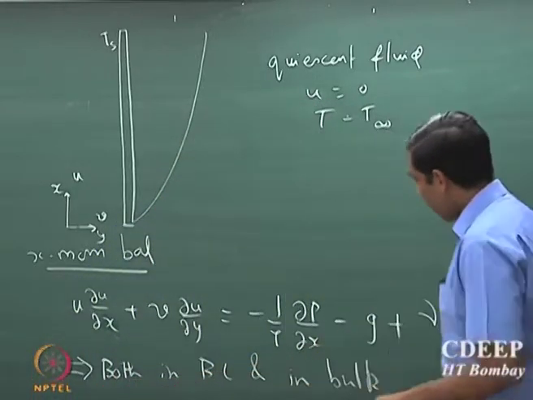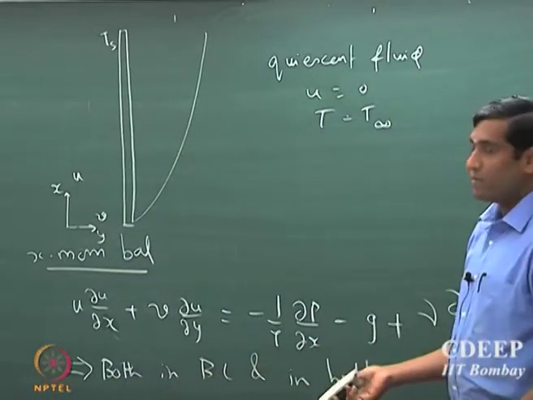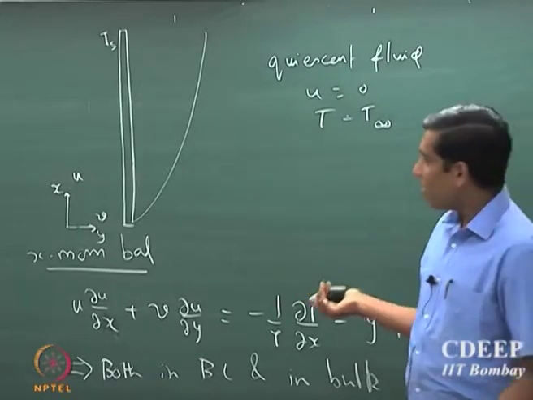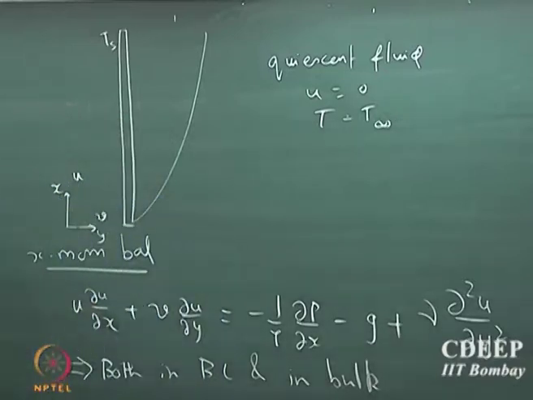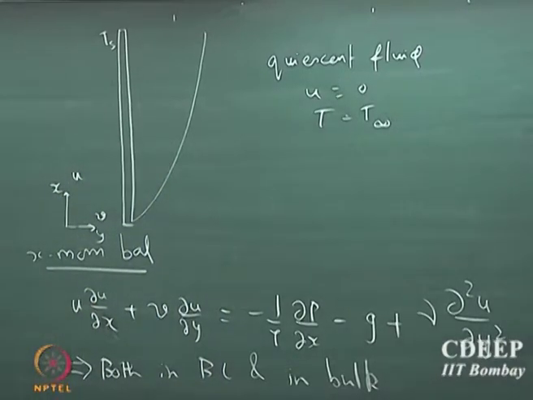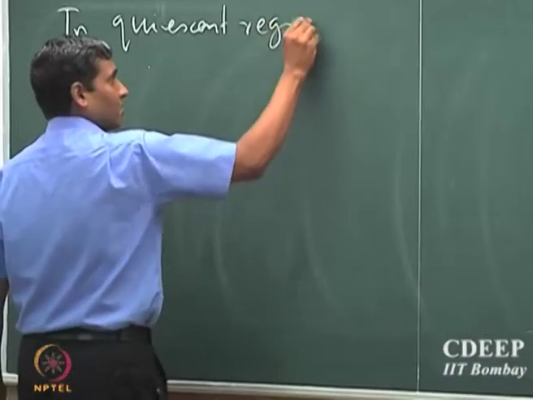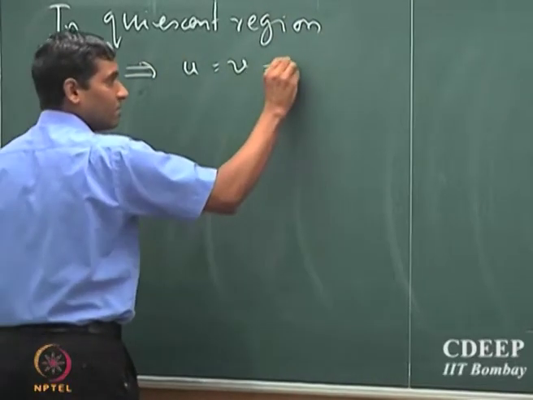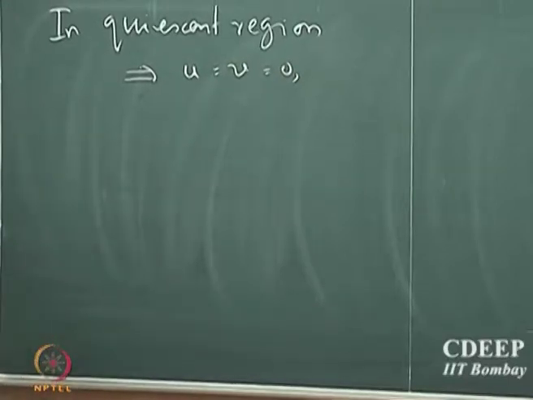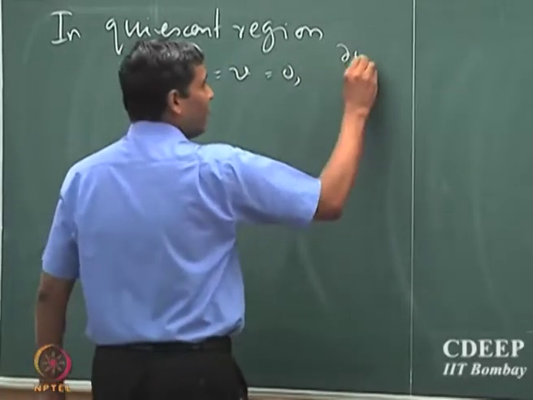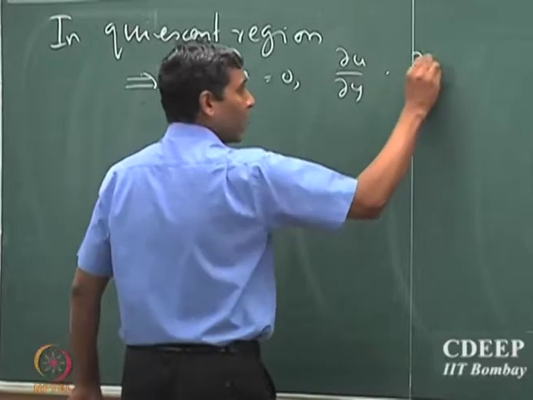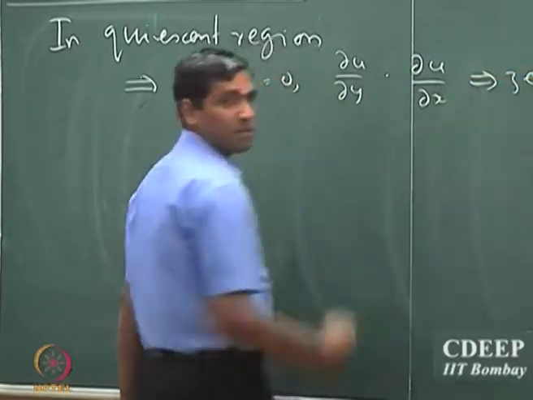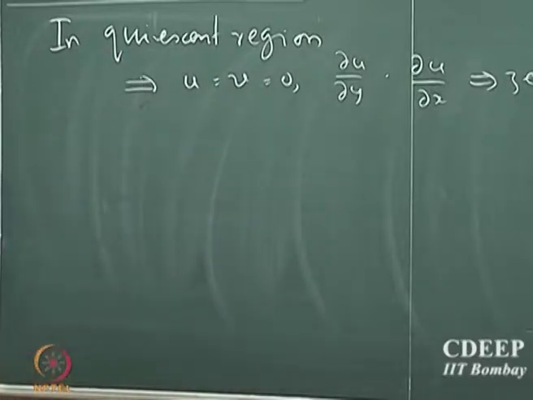Now if I look at the equation in the bulk, we know that U and V are 0, the velocities are 0, and not just that, all the gradients are 0 in the bulk stream. In the quiescent region, U and V are 0 because the fluid is not moving, and also du by dy, du by dx are also 0. All the gradients are negligible in the quiescent region.